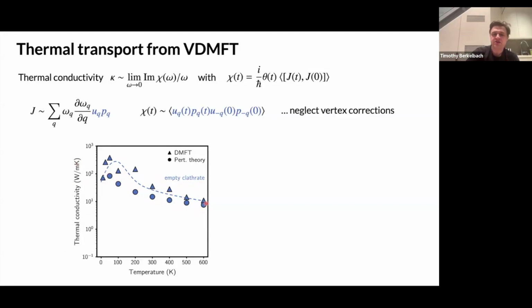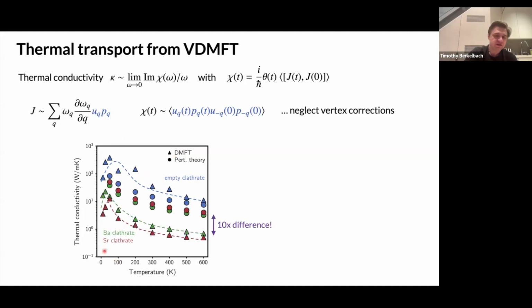The circles are perturbation theory, triangles are DMFT, and the dashed line is really just a guide to the eye. And it's actually, perhaps ironically, hard for us to converge the DMFT results for materials that have extremely low anharmonicity, so for things that have very high conductivities, just for relatively boring numerical reasons.